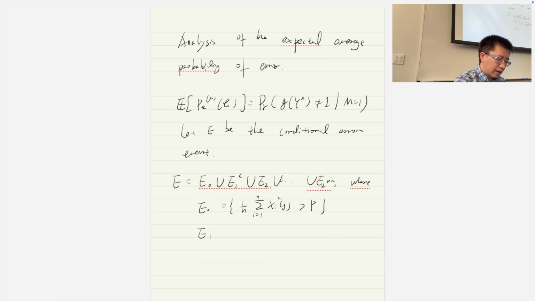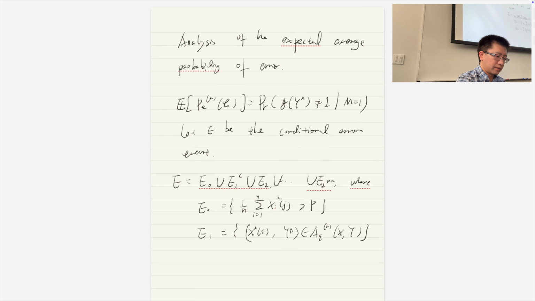We just say Ei is that X(i) and Y are in the typical set of X and Y. Therefore, E1 complement is also included. And then it will be similar to before.